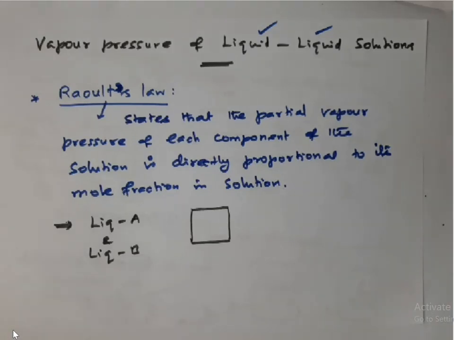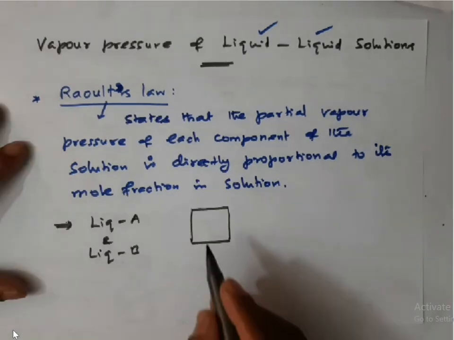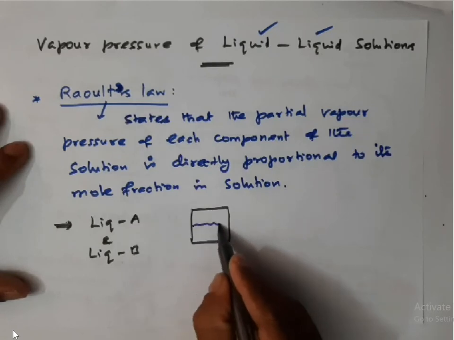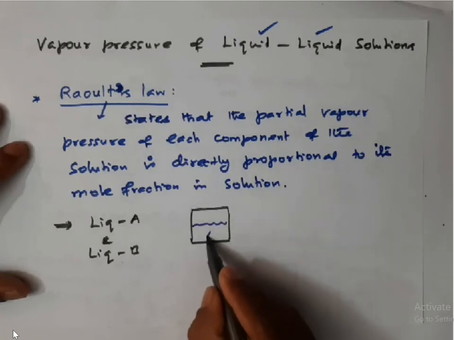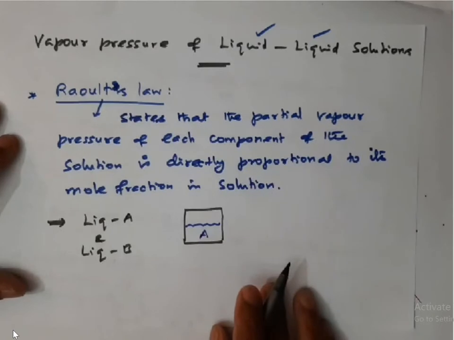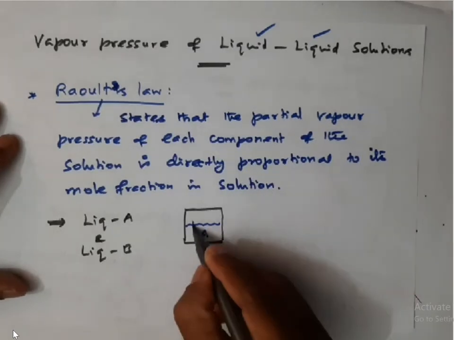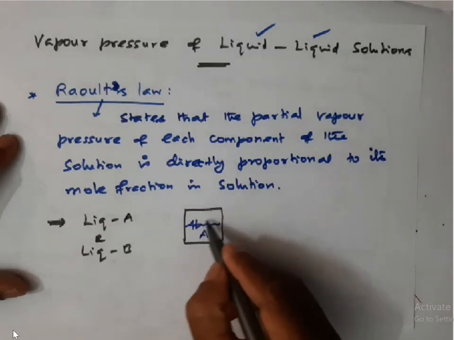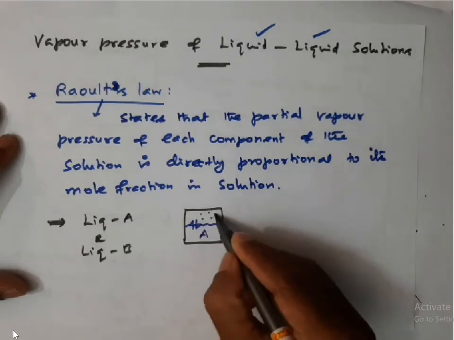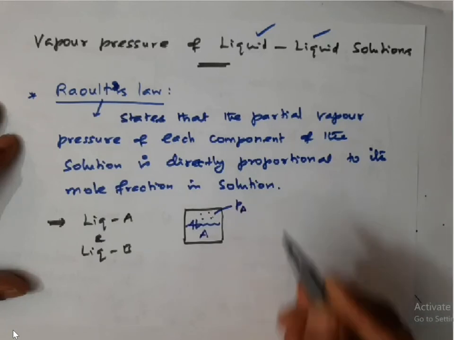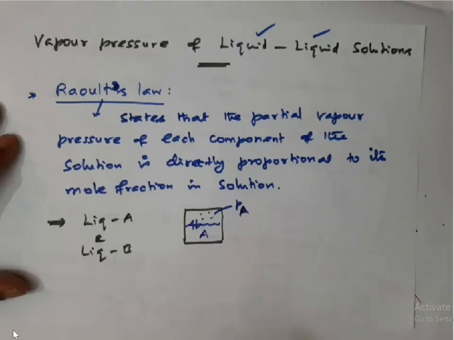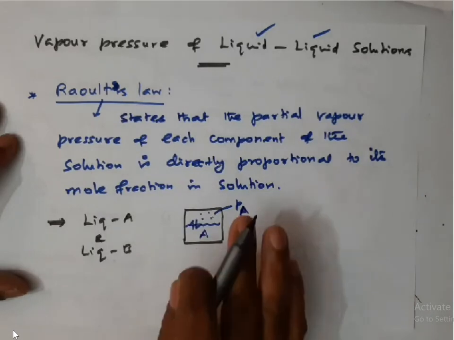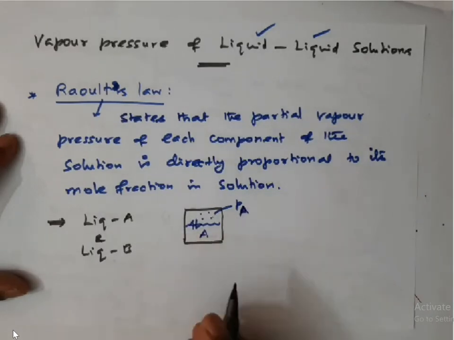I'll take two liquids A and B. Here I have a container containing liquid A. Evaporation will occur, condensation will occur, then you will get some vapor above the liquid. Let the vapor pressure be PA. PA is the vapor pressure of A in pure liquid A.